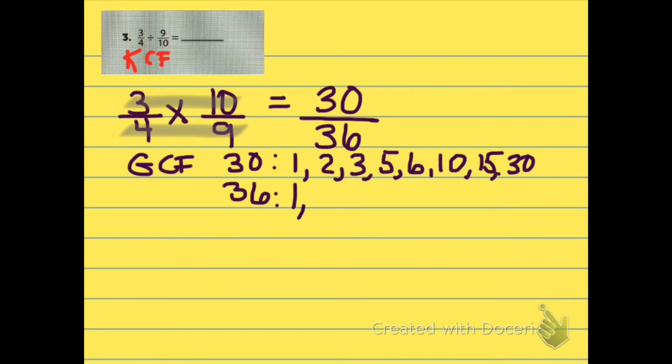36, I have 1. Let's see. 2. I have 3. Ooh, I think I have 4. Right? Yeah. And then this is going to be, let's see here. I know 36 is here. I know 9 is here.